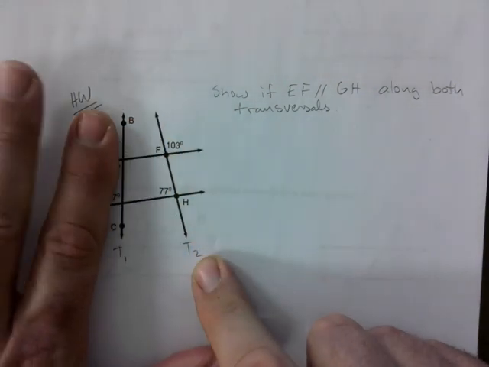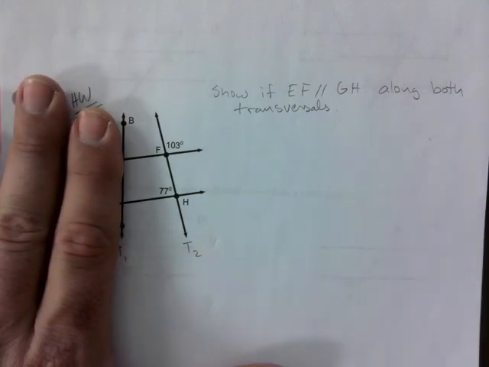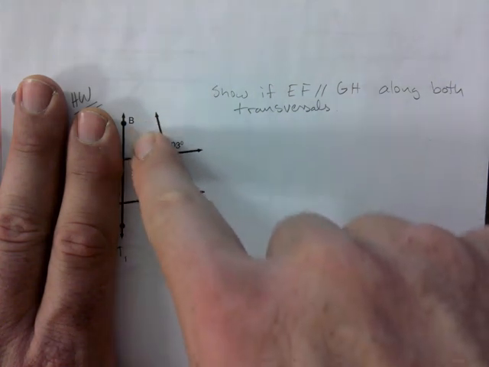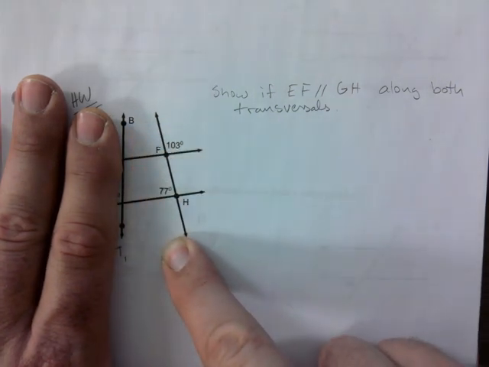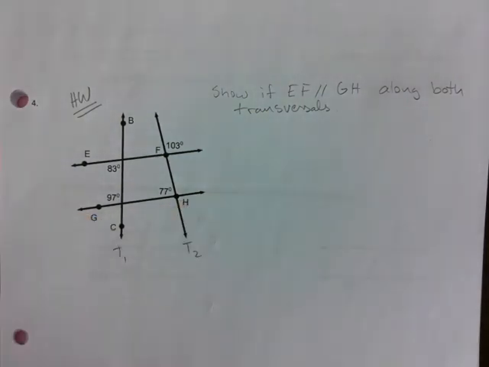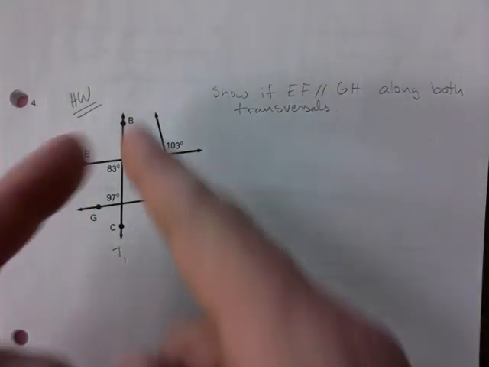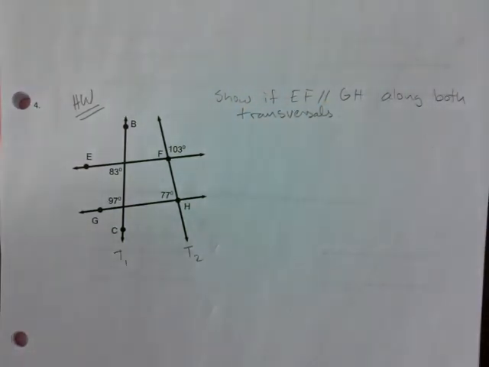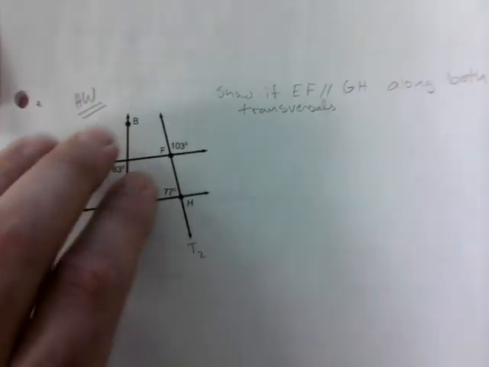Then you're going to forget about that one and pretend like this is a whole other question and do it again along this transversal. Your answer should be the same, because once you determine EF and GH are parallel or not, it doesn't matter how many times I would cut it along the way, you will get the same conclusion. So that's your homework. That's one of the questions.